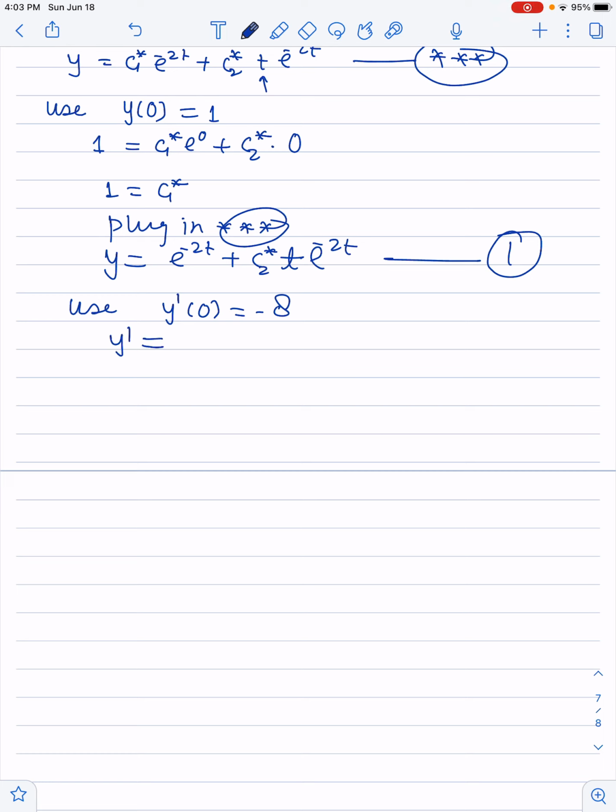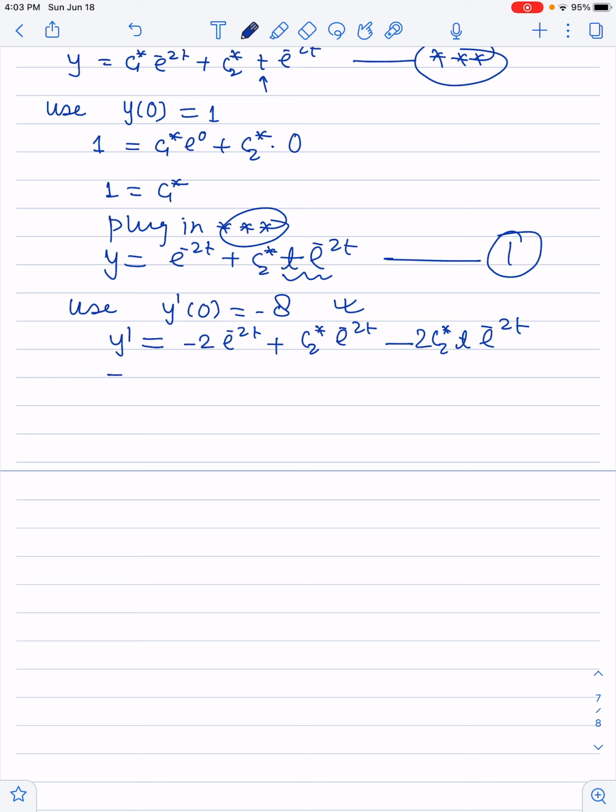It will be y prime equals the derivative of e to the negative 2t, which is negative 2 e to the negative 2t, plus, here we need to use the product rule, C2 star e to the negative 2t minus C2 star t times 2 e to the negative 2t. Then I'm going to plug in these values.